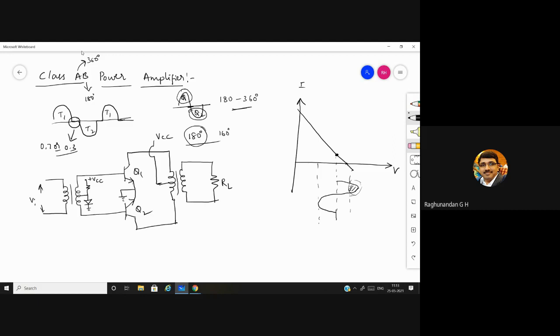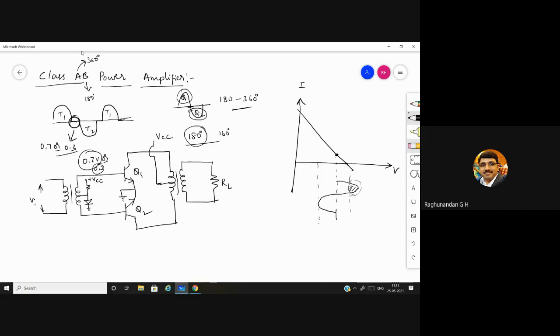This diode is going to give the necessary 0.7 volt or 0.3 volt to this transistor, such that these transistors are not going to turn off till 0.3 or 0.7, because when 0.7 or 0.3 is added extra to Q1 and Q2, the loss which we were observing will be restored.